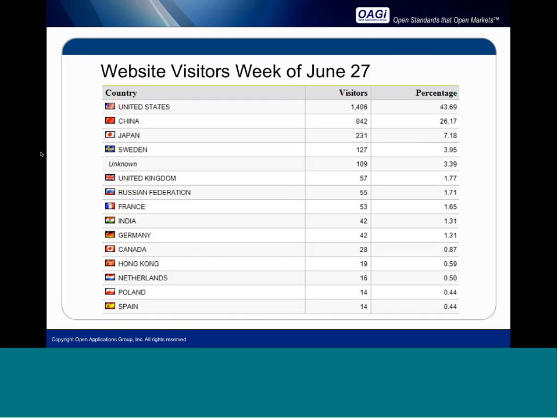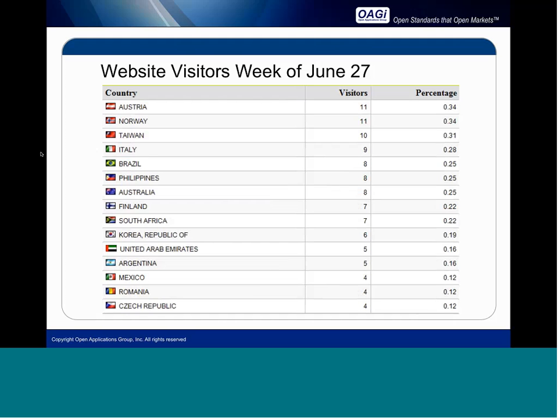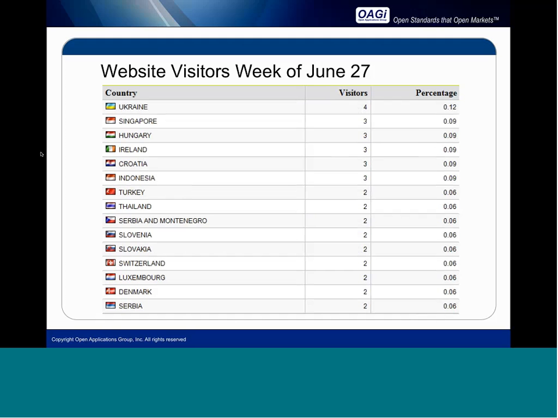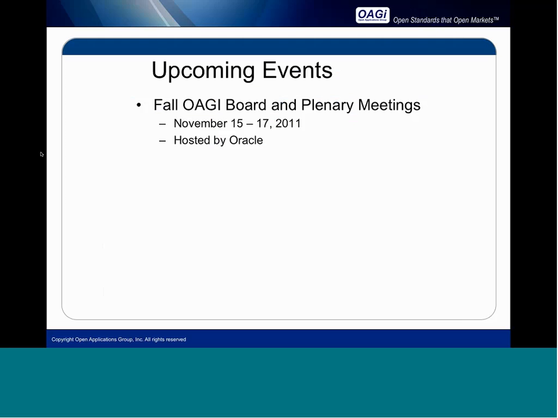And then you can see the rest of the countries listed there. So the lesson there is that people come from all over the world to the OAGi website to explore ways to help them with their A2A and B2B integration.